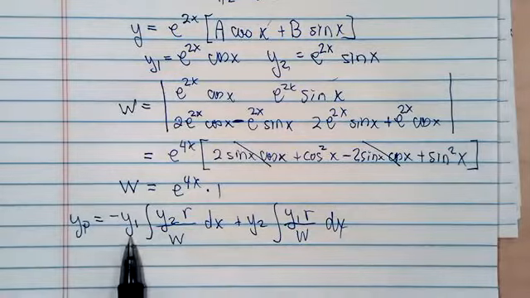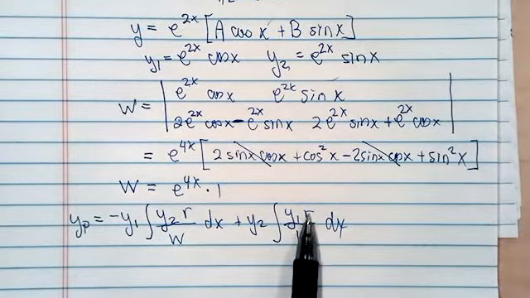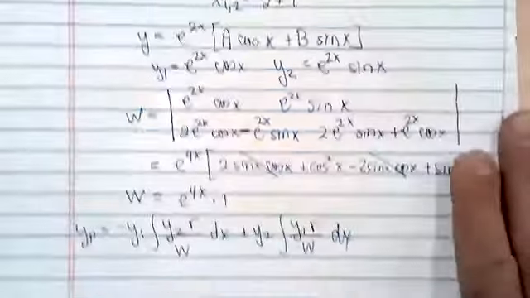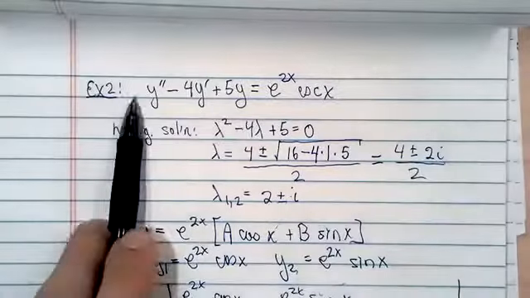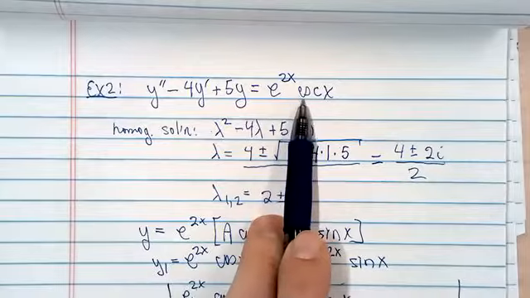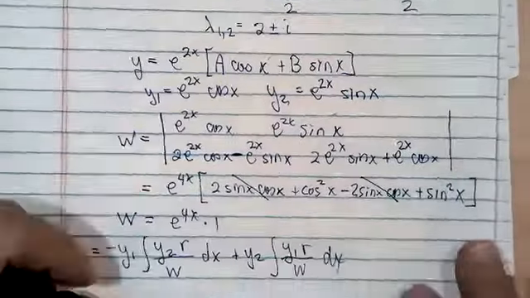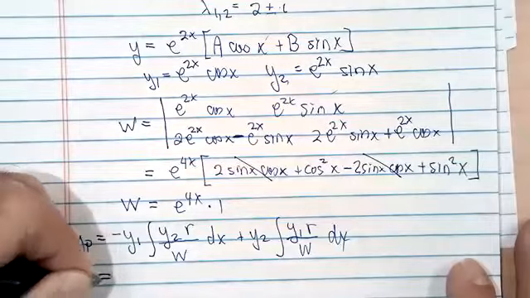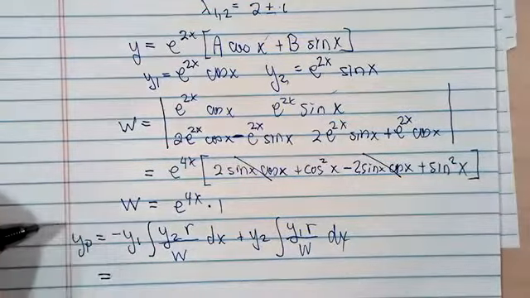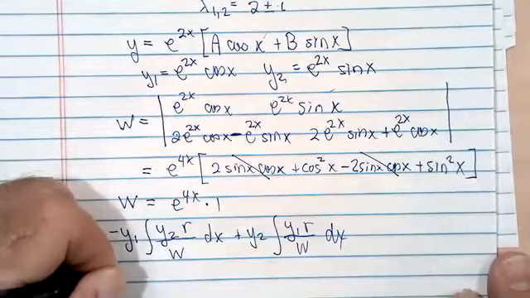So it's minus y1 times the integral of y2 r over w dx plus y2 times the integral of y1 r over w dx. We did indeed start with the standard form. The leading coefficient is 1. So this monstrosity on the right here, e to the 2x cosecant of x, is r. Okay, so minus y1. Well, y1 was what? E to the 2x cosine of x.